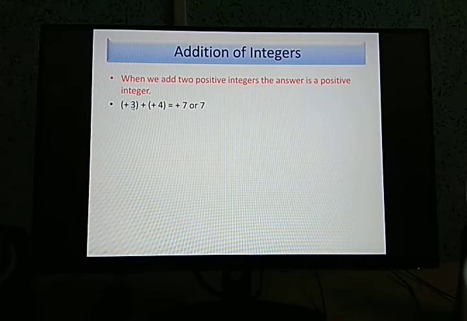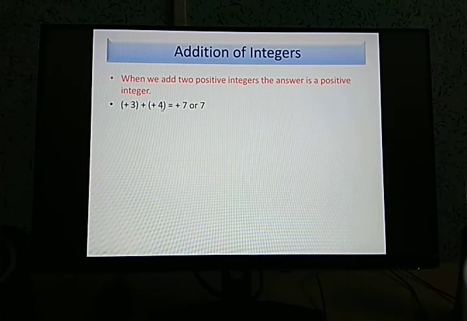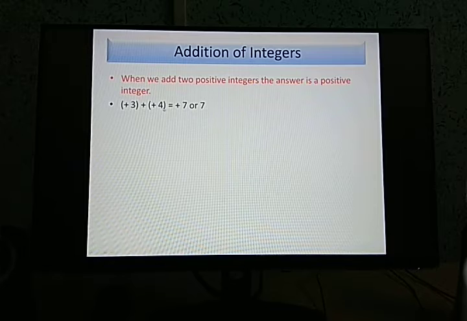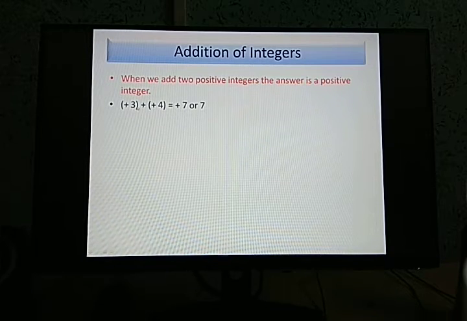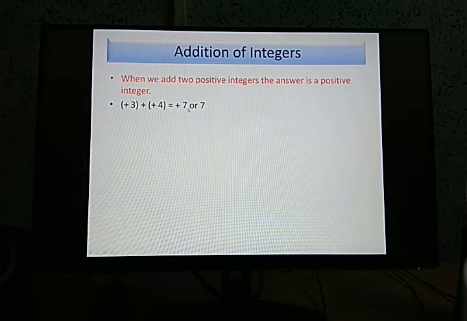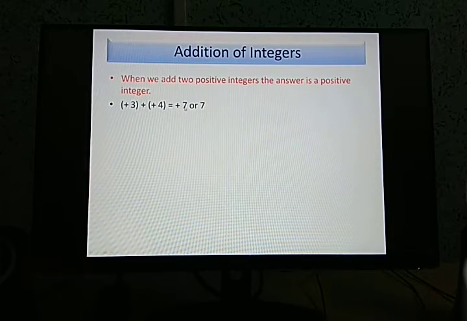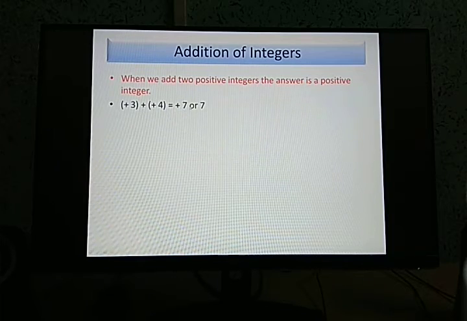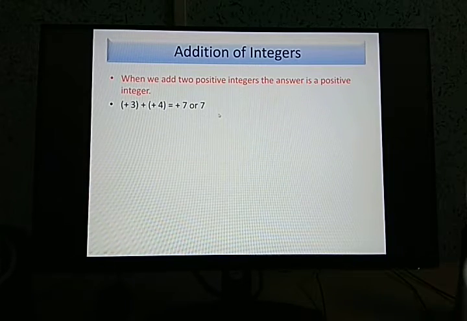You can simply write 3 and we will understand that it is plus 3, or 4 means plus 4. It's the same thing. So when we add two positive integers, 3 and 4, the resultant answer is 7. That is also a positive integer. I hope this is clear to you.